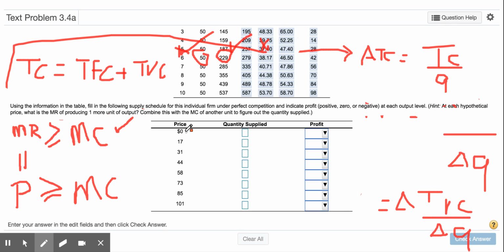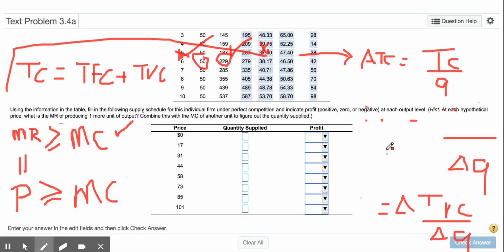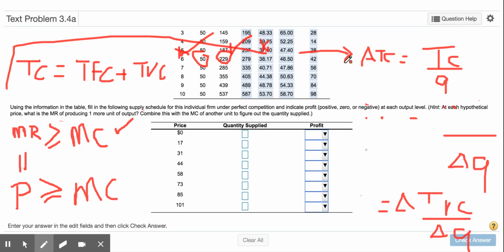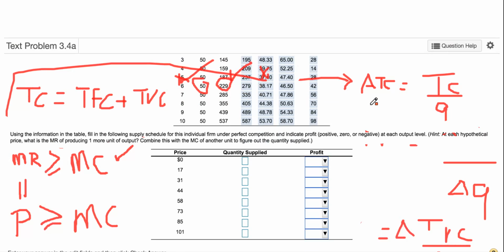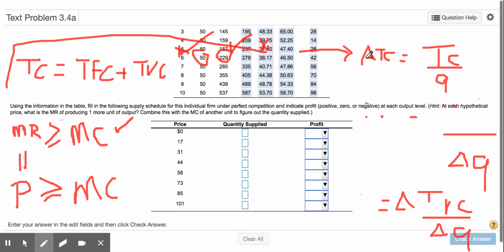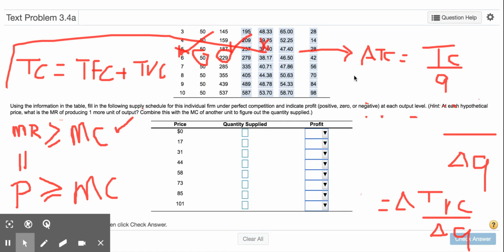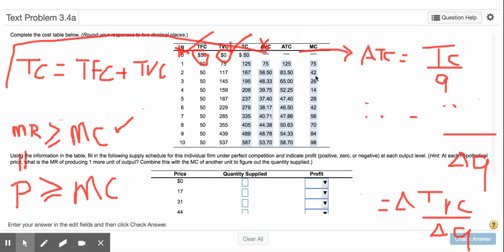When price is 0, look at the marginal cost here. Let me scroll up a little bit. Here we go. When the price is 0, it's way less than marginal cost. So you should produce 0.